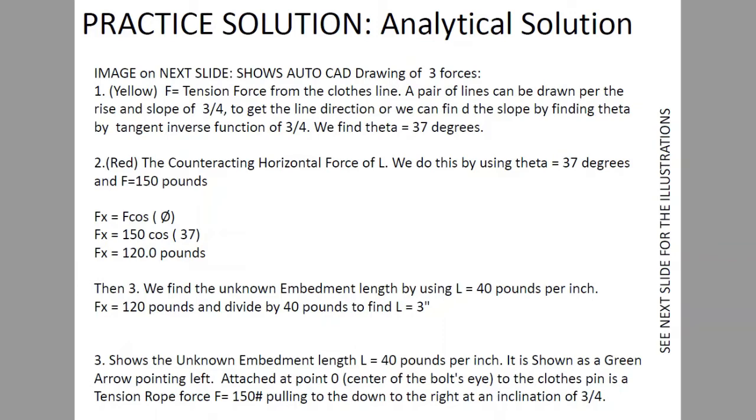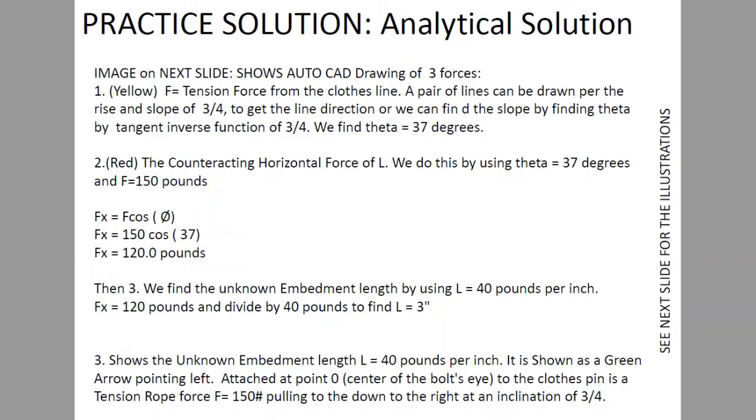Fx will equal 150 times the cosine of 37, and we find Fx is equal to 120 pounds. Then we find the unknown embedded length by using L equals 40 pounds per inch, where Fx is equal to 120 pounds, and divide by 40 pounds to find L equals 3 inches.